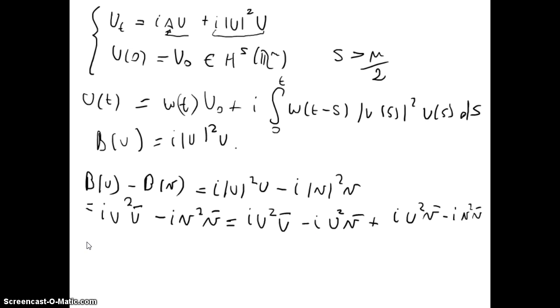This will be equal to i u^2 (u-conjugate minus v-conjugate) plus i v-conjugate (u plus v)(u minus v). So we got this equality.